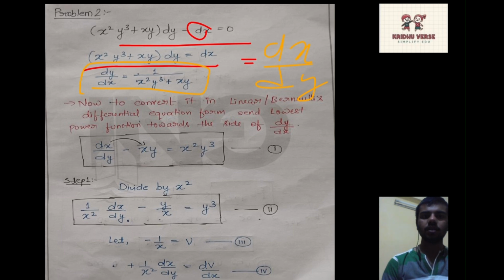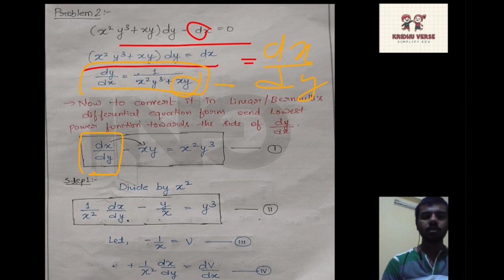Because if you check linear differential equations, it starts with either dy over dx or dx over dy given like this. So now we have to convert this equation into a linear differential equation. This is a universal rule: to form a linear differential equation, we have to send the lowest power function, like this xy, to the side of dy over dx.